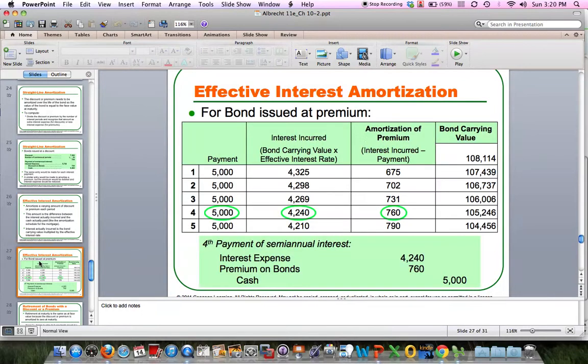In our example, you can see it changes just slightly each time we make a payment: the amortization of premium or discount versus how much is recorded as interest expense. The Excel file that I put in handouts, I'm going to do a separate recording about, to show you how that works.